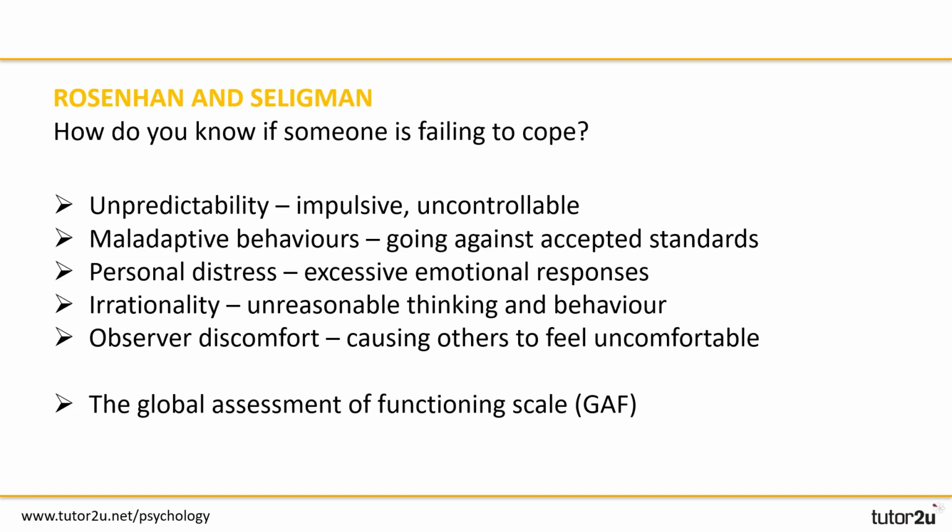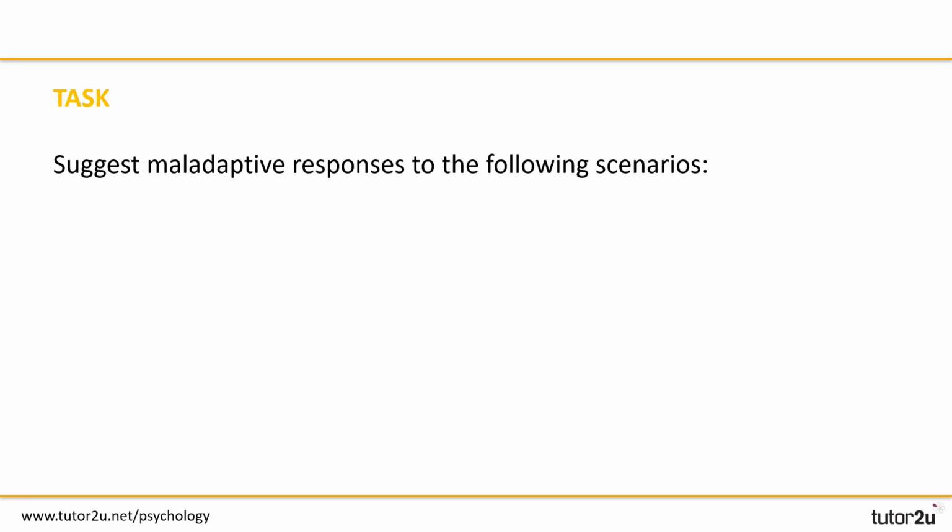One other thing to mention is the Global Assessment of Functioning Scale, otherwise known as the GAF, a survey tool used between patients and medics to figure out just how much function has been lost and to look at the severity of a person's behaviour. So we've got quite a detailed, holistic way of looking at somebody and deciding whether they're failing to function or not.